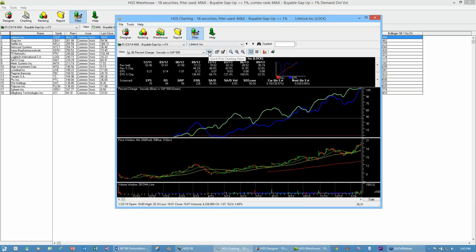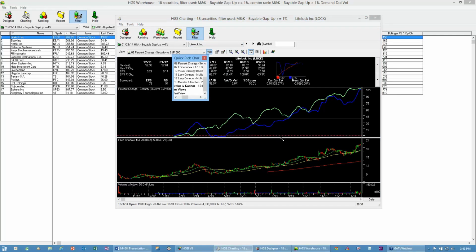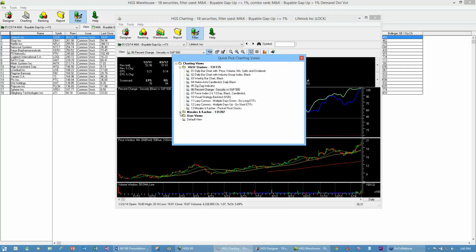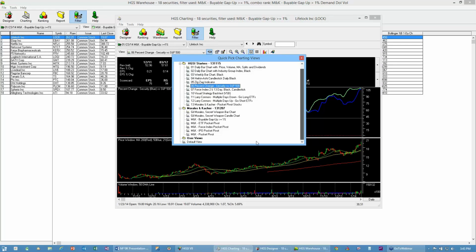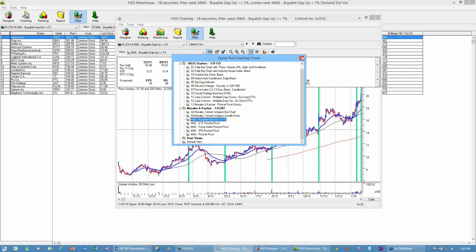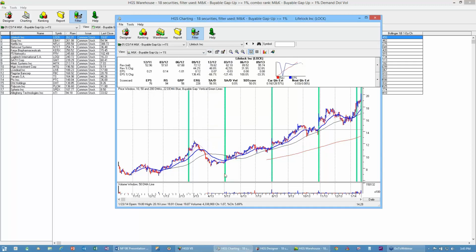Now remember, when I installed Gill's views and so on, I also installed Gill's charts. So if I open this folder up, we now have Gill's charts. Now I'm going to go to the Bible Gap Up chart. As you can see, George has arranged these so we have a chart for every view and for every smart group. Now if I click on the Bible Gap Up chart, you can see that there are a series of green lines in this chart for LifeLock.